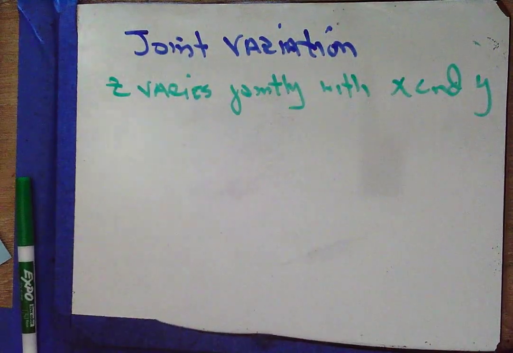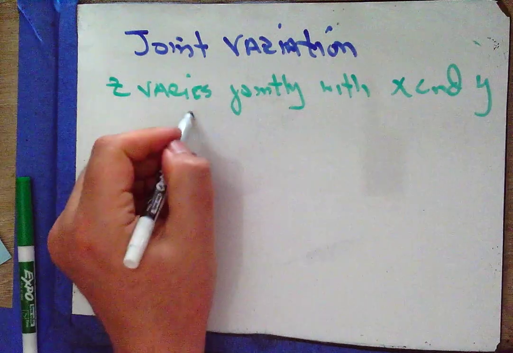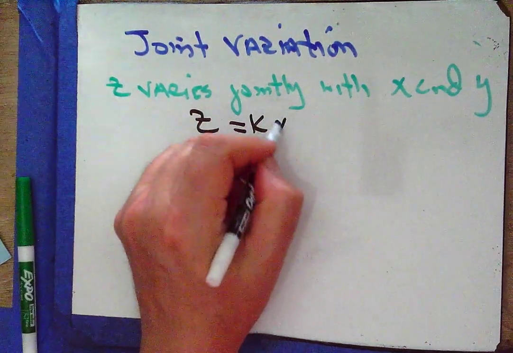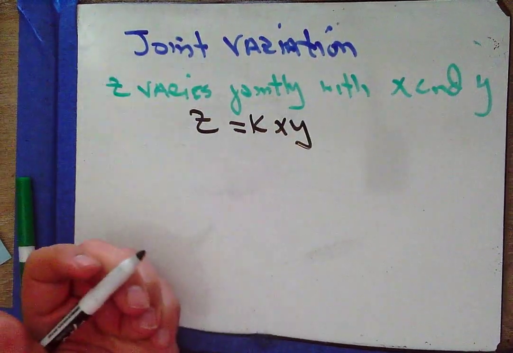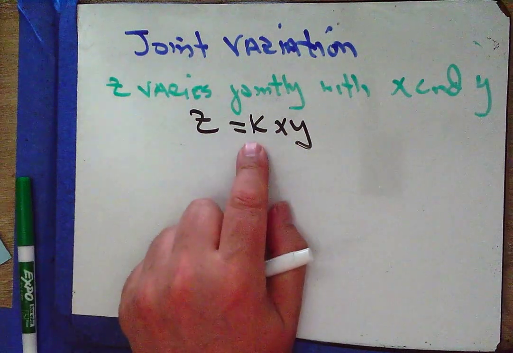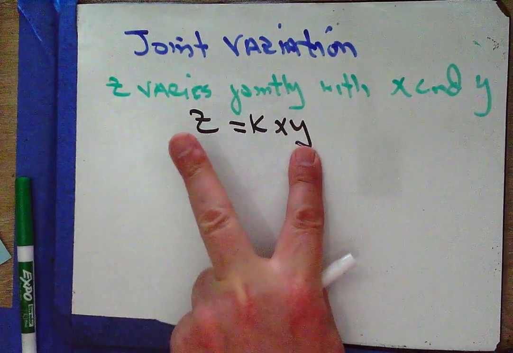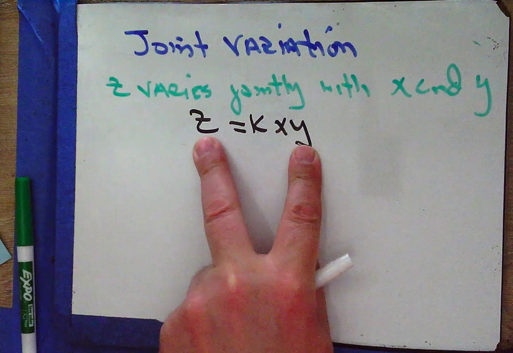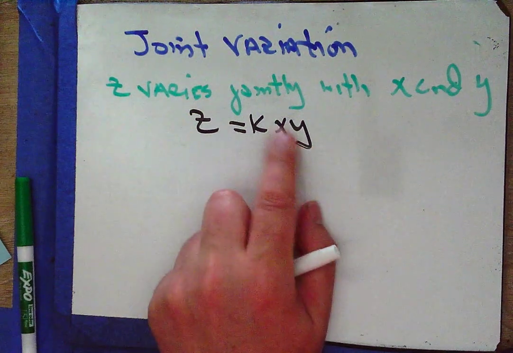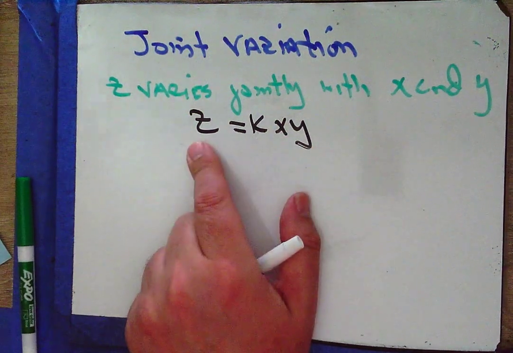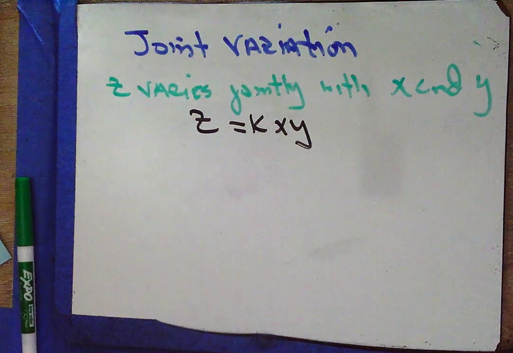So if I saw that kind of language, I'd have z equals kxy. And so now they're going to have to give me a little bit more information to solve k. Instead of giving me just one input and one output like the other variation models, they're going to need to give me a couple of inputs and an output to find that constant of variation.